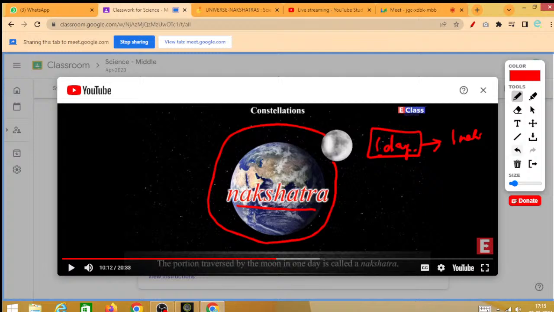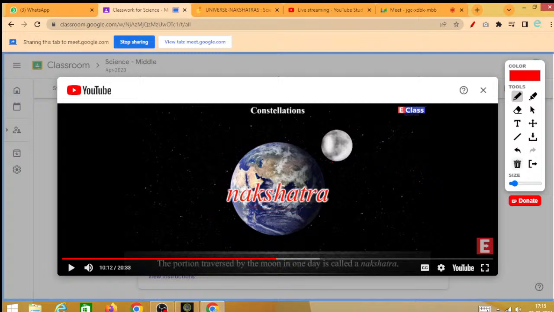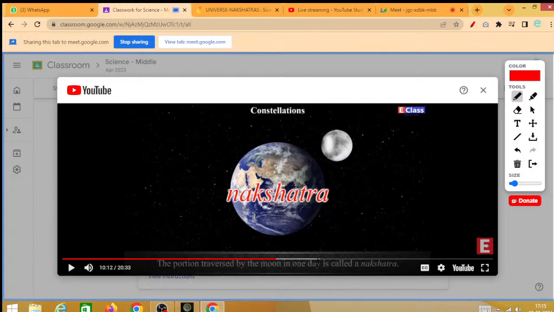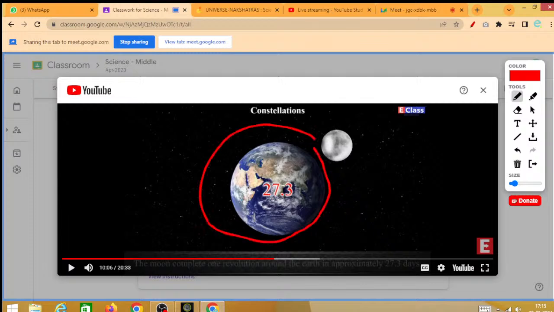And how many days does it take to complete? It completes the full revolution in 27.3 days. If it is starting from here, then it will go around and come back here in 27.3 days. But each day it travels a little. So how many days does it travel?